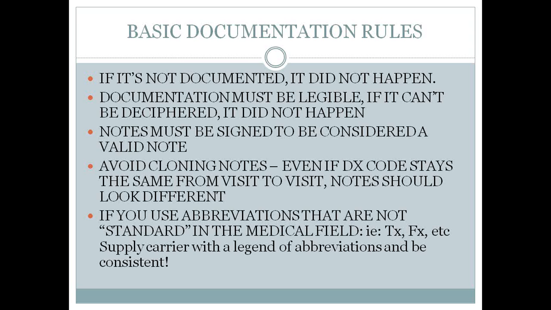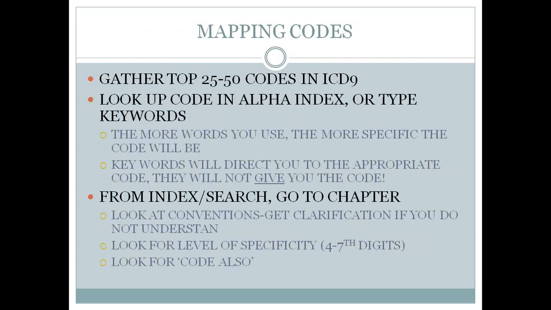But you may have favorites that you use as shorthand, and if that's the case, then you need to supply your carrier, if you're ever audited, with a legend of abbreviations, and make sure that all your documentation is consistent with those abbreviations. So use the same ones over and over again, okay? Now again, this is very basic stuff, but if we can get ourselves to the point where we're at least following this general criteria, I think most of us will improve our documentation by a lot just by following these basic rules.